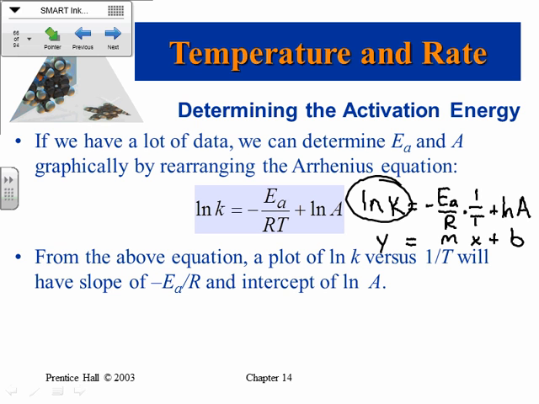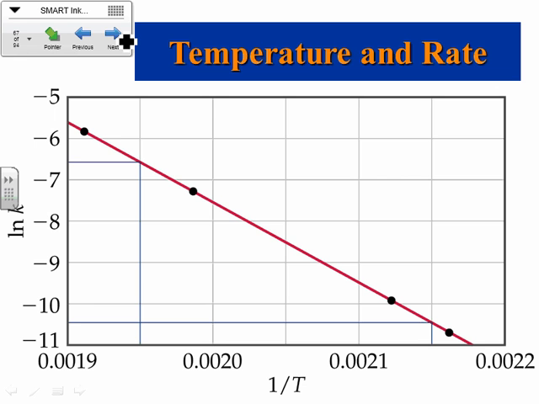Okay, so if you take the natural log of the rate constant and you graph that versus 1 over temperature, now this is capital T, so temperature, not time, like it was in the last section, that will give you the slope of the graph, and the slope of the graph here is negative Ea over R. Okay, R is the gas constant, it's 8.314. The units here are joules per mole times Kelvin, which is another unit you can have for R. So since we know R, we can solve for Ea. Okay, so you know the slope, you know the R, you can solve for the Ea there.